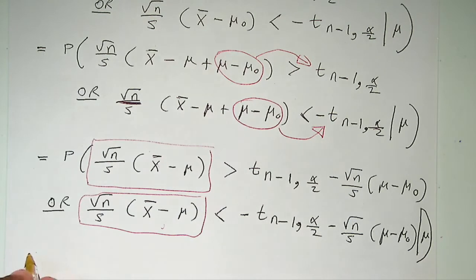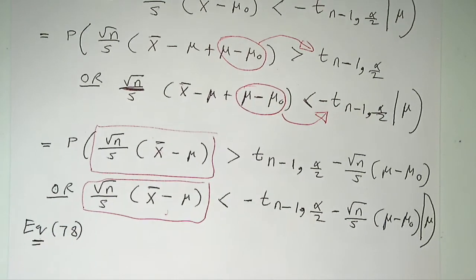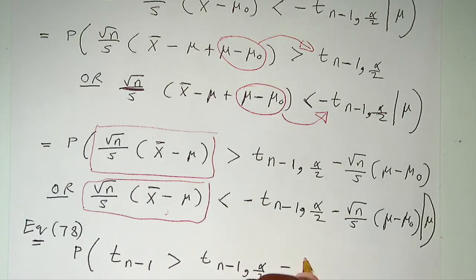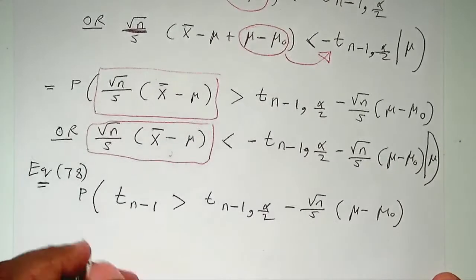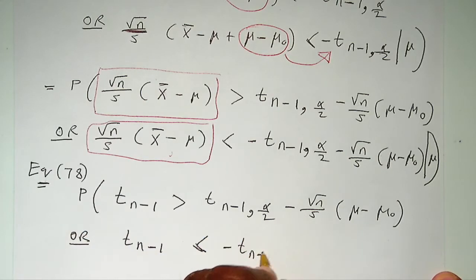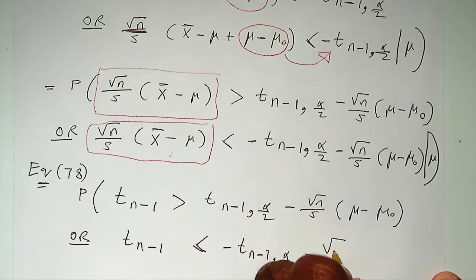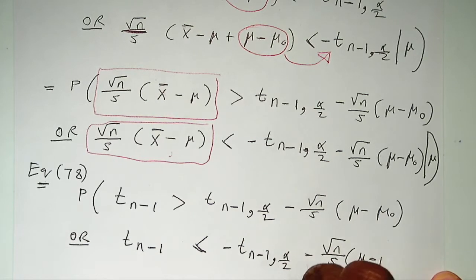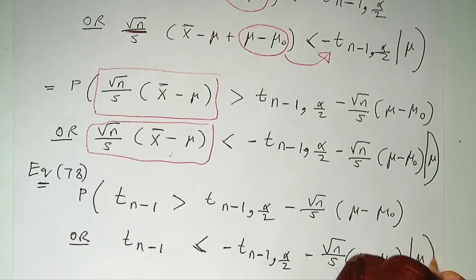So by equation 78, what you have is a t variable with n minus 1 degrees of freedom greater than this.